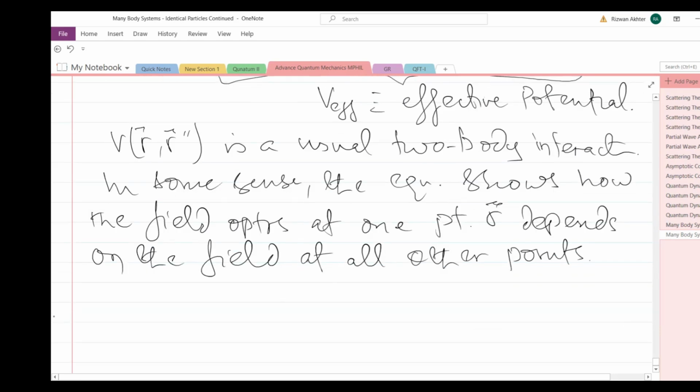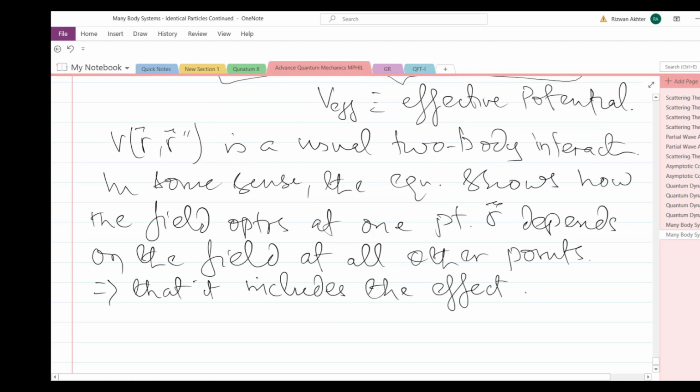And what does this mean? This implies that it includes the effect of interaction, the effect of many particle interaction.